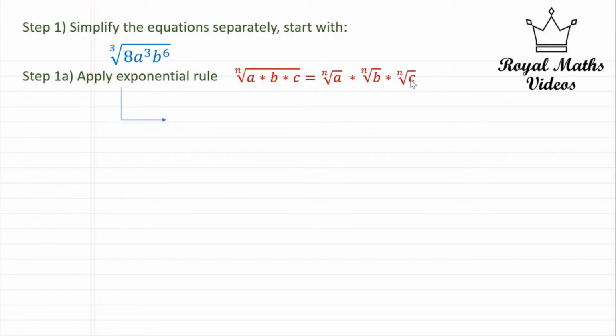A very simple rule but very useful, as you will see. So this one expression has become these three: the cube root of 8 times the cube root of a to the power of 3 times the cube root of b to the power of 6.